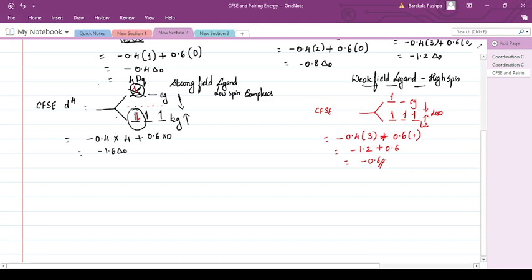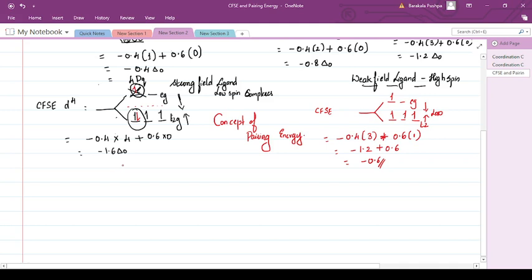Now what happens? Here comes the concept of pairing energy. Here in this case, the low spin is spin paired, and it is a strong field ligand. Now what is this pairing energy?